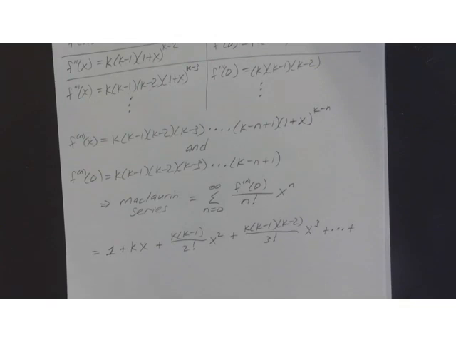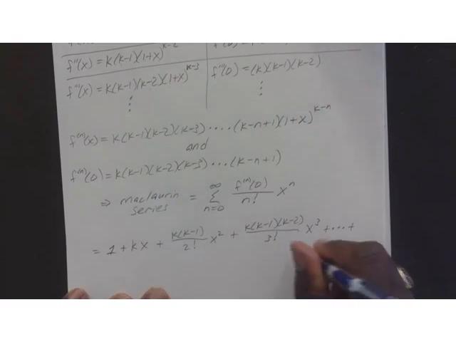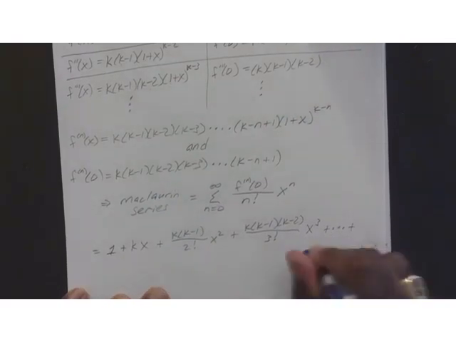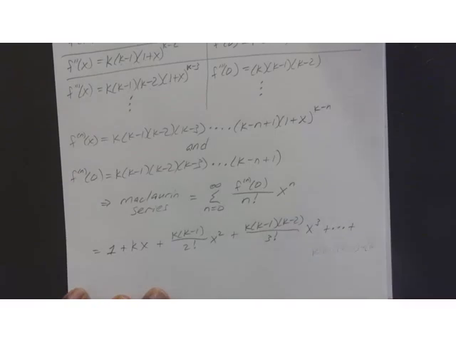Okay, until eventually we hit the nth derivative, which is k times k minus 1 times k minus 2, all the way until k minus n plus 1. Give myself a little more room.